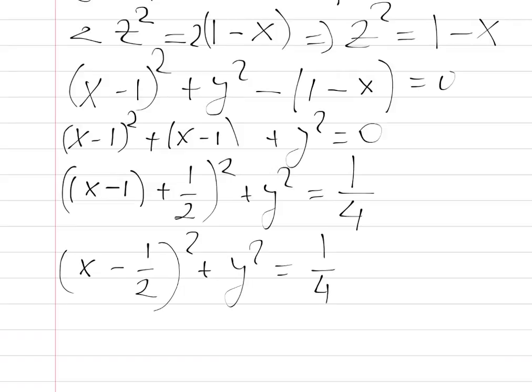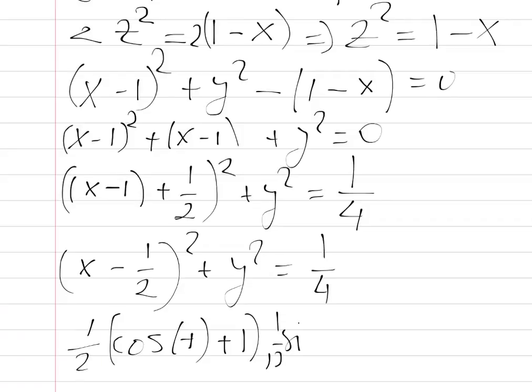Now the parameterization of something like this, which is a circle with radius 1/2 and center at (1/2, 0), is x equals 1/2 cosine of t plus 1/2, y equals 1/2 sine of t, and of course z squared, which is the square root of 1 minus x, so the square root of 1/2.